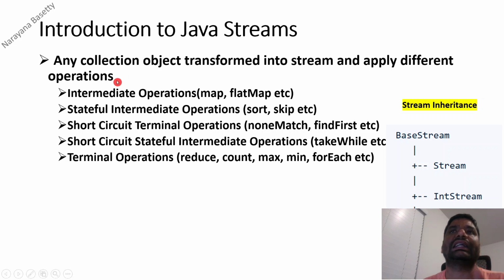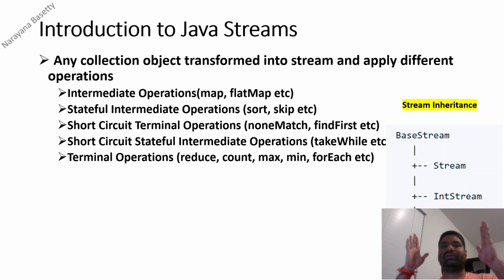Let us focus. Any collection object is transformed into a stream, and then you apply different types of operations. As I was saying, there is the beginning of the stream, the end of the stream, and in between there is a pipeline operation. In the pipeline, these operations could occur: intermediate operations, map and flatMap of the stream objects.